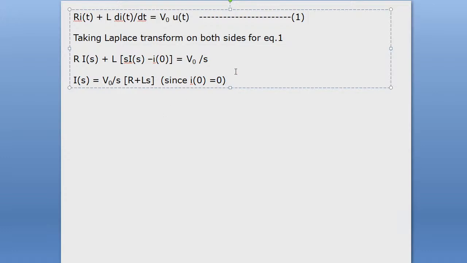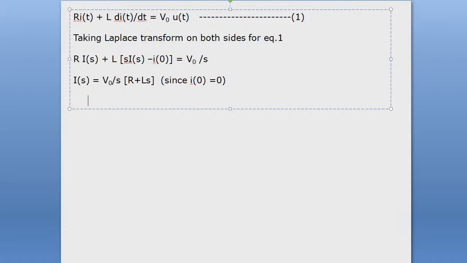Now you can write this thing. You simplify it and use the partial fraction expansion concept. That means the ratio you can express in terms of partial fraction components.